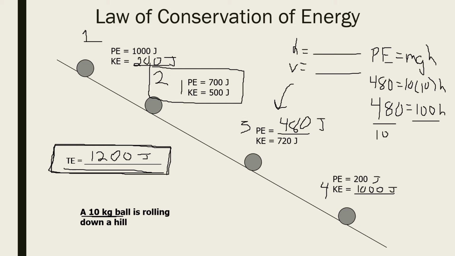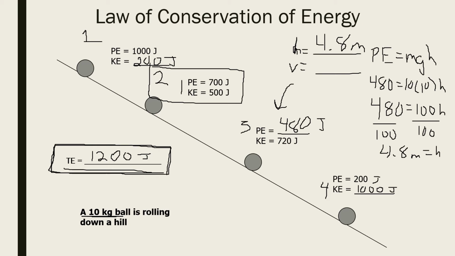Divide both sides by 100. 4.8 is the height. That's it. That's why we went over this math before getting here. We can now use these diagrams to figure out the height and velocity at each point in time.